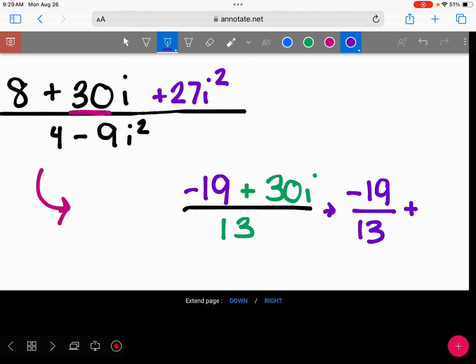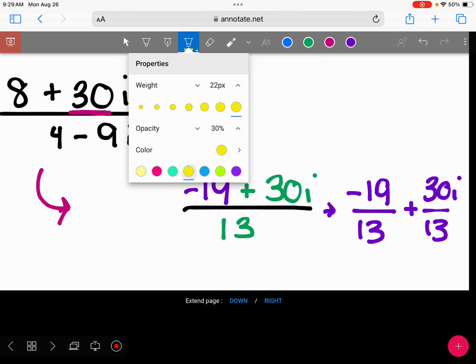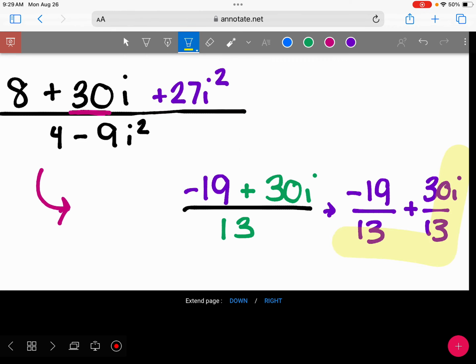Negative 19 over 13 plus 30i over 13. These are the best ways to write our answers, separated out. The one next to it is not wrong, but better grammar has you separating them. There will not be points off, but when it comes time for using them later, it makes it easier if we're in the habit of it.